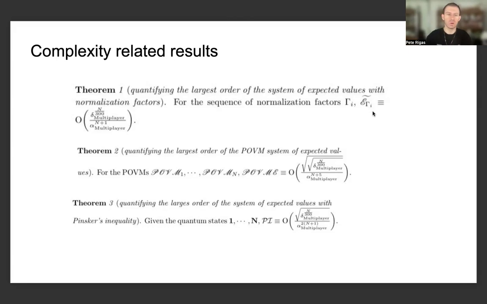And again, the viewer will recall that in all of these big O functions, which are in these three complexity theoretic results, which are used to build up to the decay of the anchored optimal value under parallel repetition, we're having just ratios of some delta multiplayer parameter normalized in the multiplayer anchoring probability.